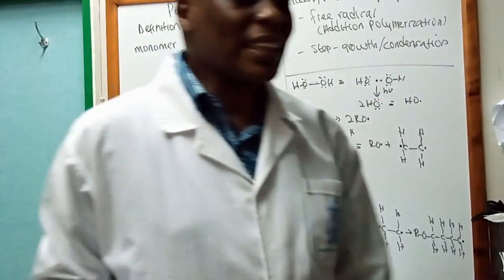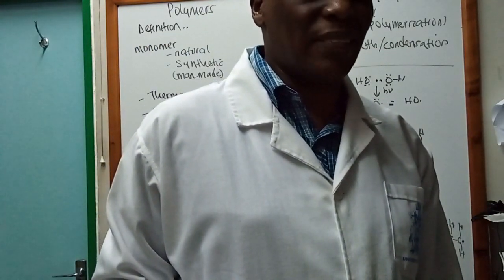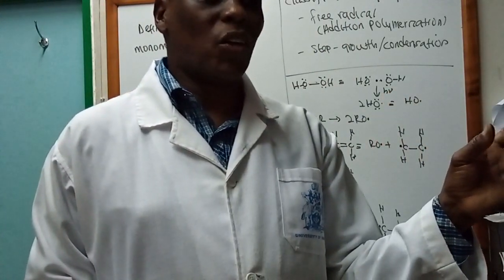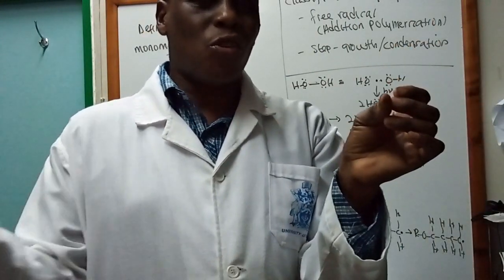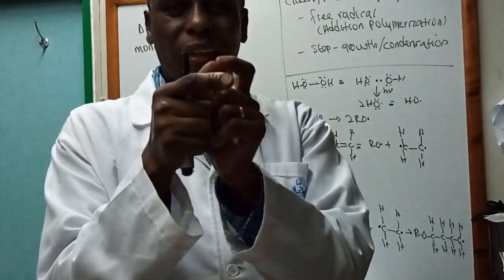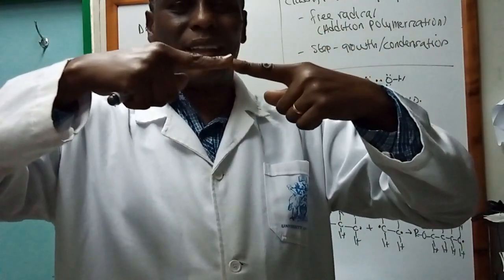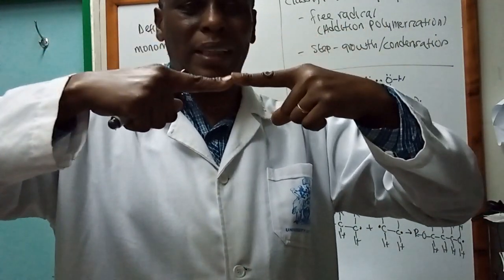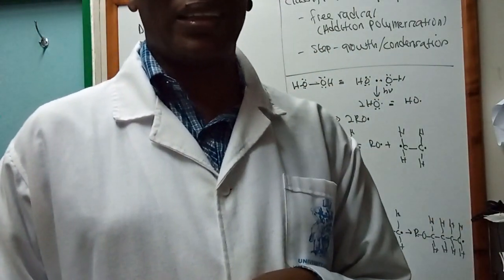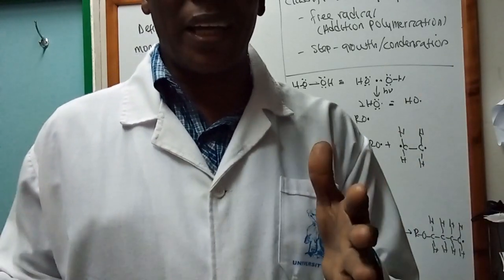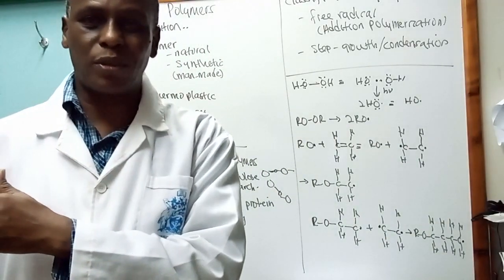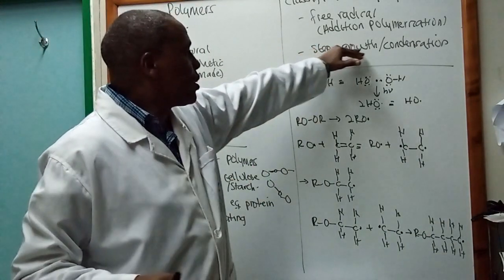Condensation is just like the ones we're dealing with in protein. You've got one amino acid losing OH, and the other one, the amine, losing hydrogen. So you're losing a molecule of water, which is called condensation, and joining the two amino acids to form the peptide. We dealt with that mechanism for the making of the peptide, which in the longer chain is called the protein. So that's called step growth.